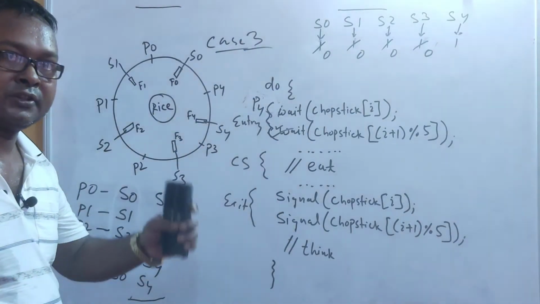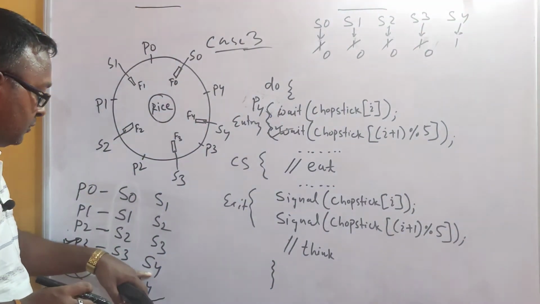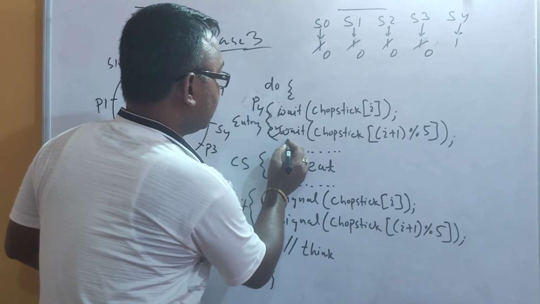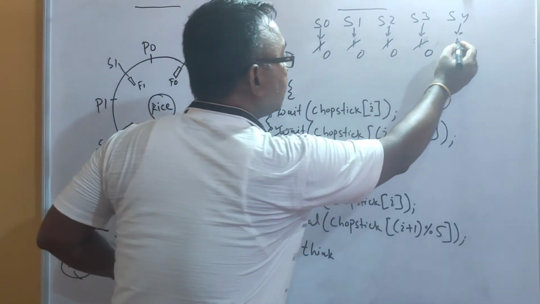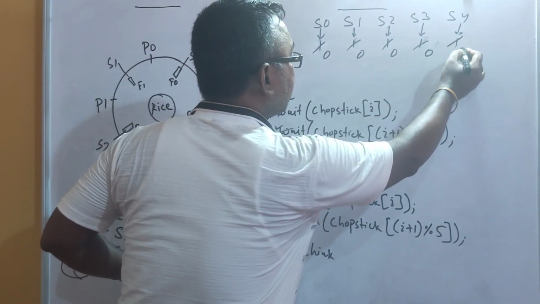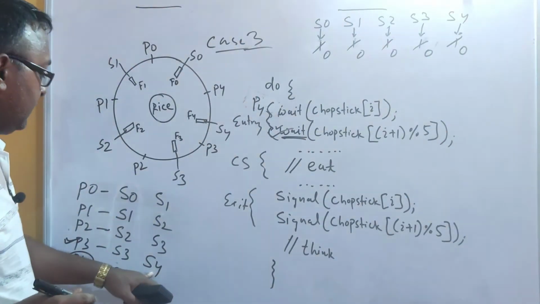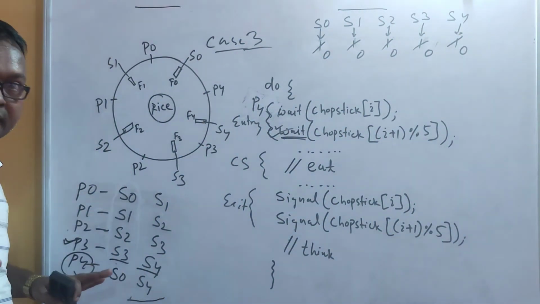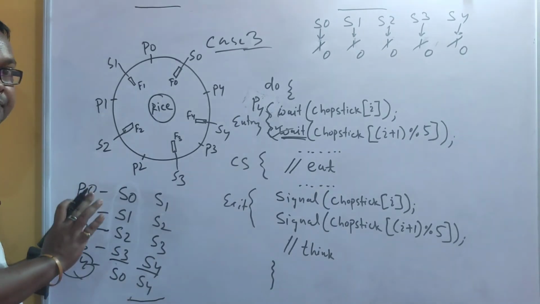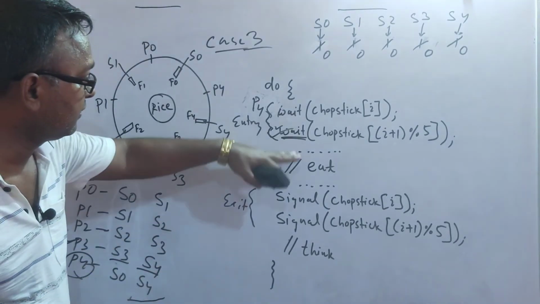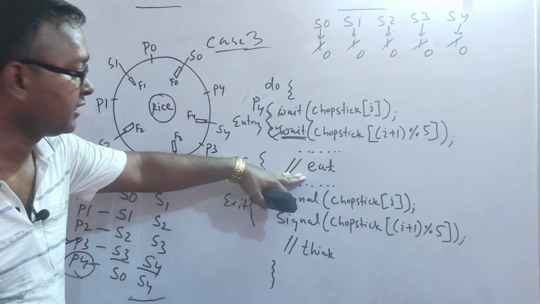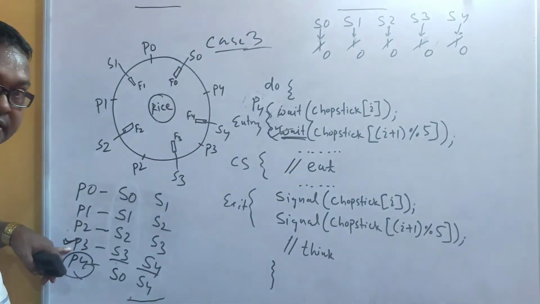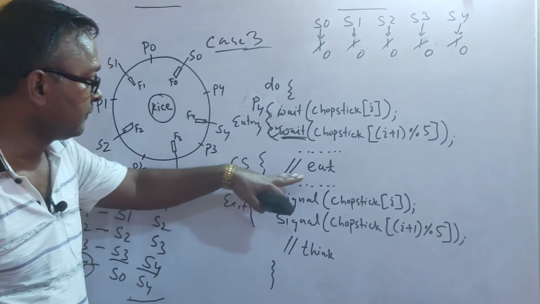It gets both chopsticks, thereby decrementing the semaphore value from 1 to 0. Taking the right hand side fork, it got both forks, enters into the critical section, and eats the rice as process P3, the philosopher P3.